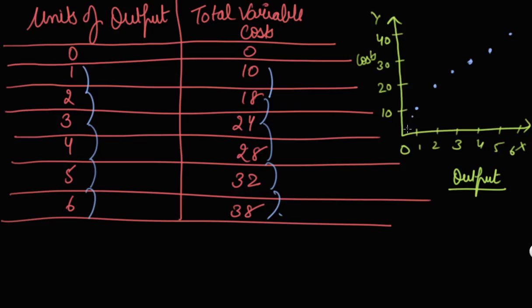So this is your total variable cost curve. Okay, so these are the points that you plotted on the graph. So this is the curve of your total variable cost.